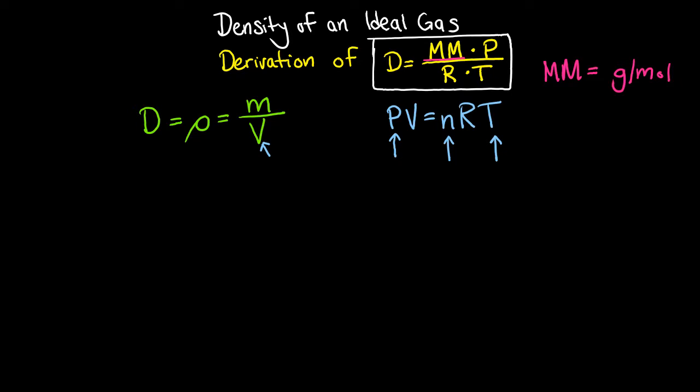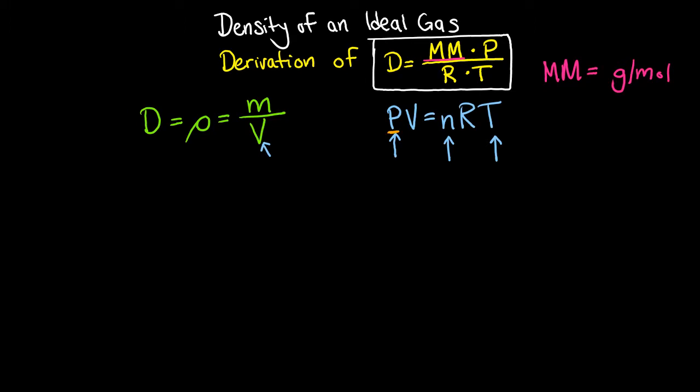If you decrease the volume of a gas by compressing it, then it has a higher pressure. Temperature is directly proportional: higher temperature, higher volume. The number of moles of gas is also directly proportional: higher n, higher V.